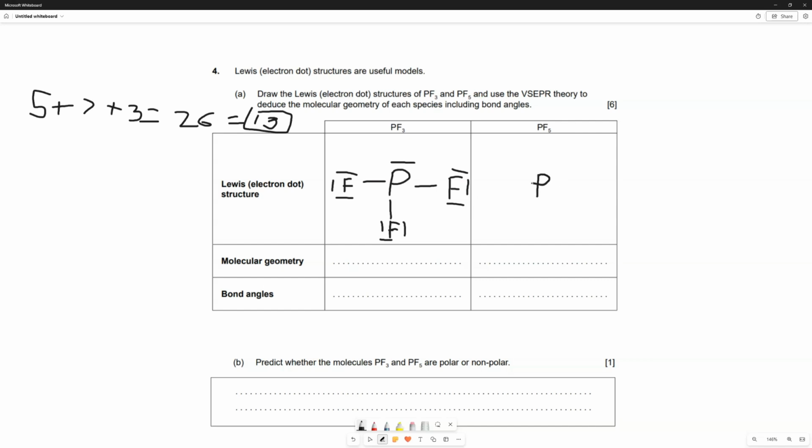Phosphorus is our central atom. We draw the fluorines with single bonds.